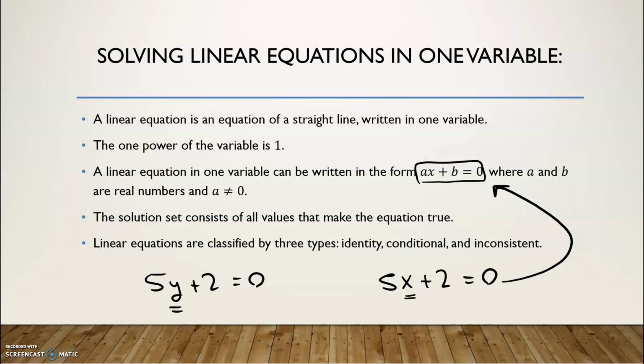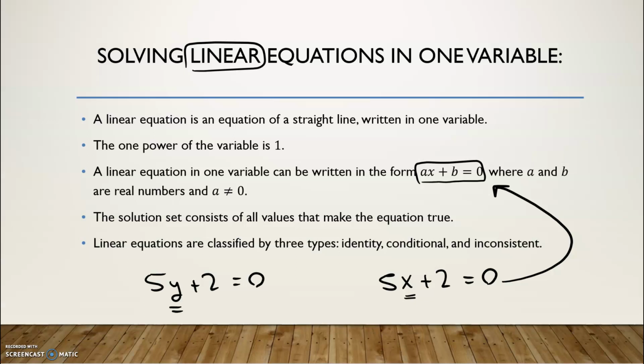Now notice when we're talking about linear equations, whatever variable you have is always raised to the power of 1, which most of the time you don't see written there. So if you don't see any power, then you can assume that the power is 1. And if the power is 1, then we're talking about a linear equation.